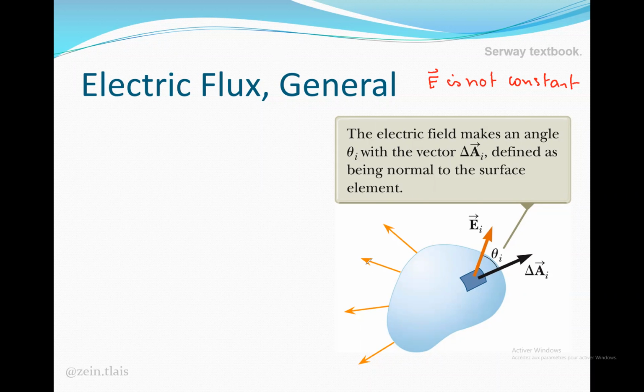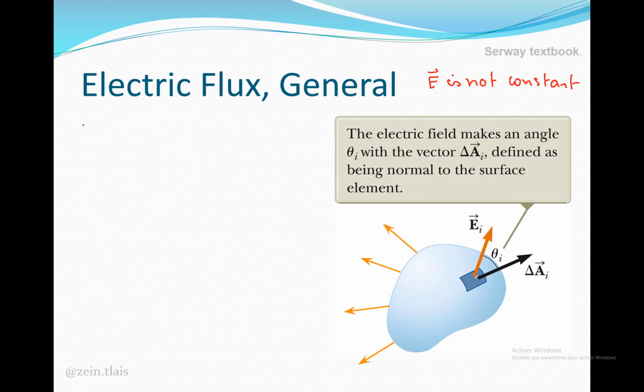Okay. So we cannot, in this case, what we have to do to apply the flux equal E dot A, we have to take a small portion, a small element from the surface.